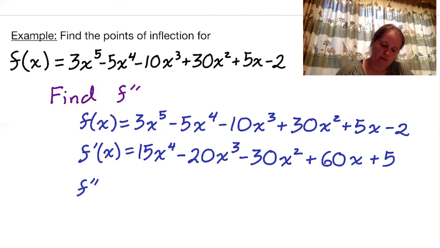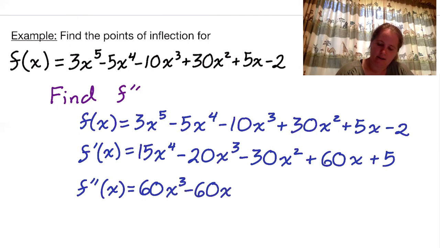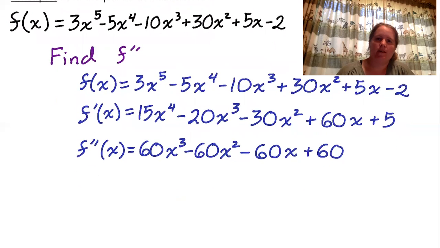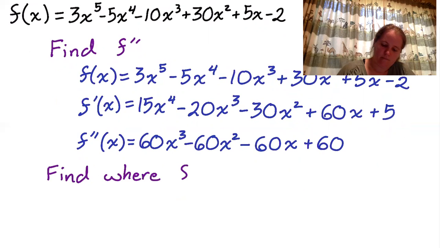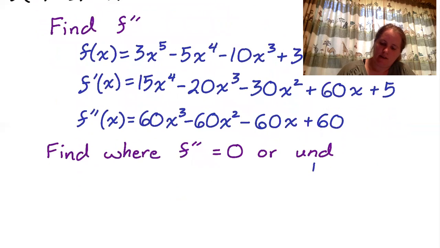Our second derivative is therefore 60x cubed minus 60x squared minus 60x plus 60. Our next task is to find where this is 0 or undefined. So once again, we're working with a polynomial, so it is never undefined.